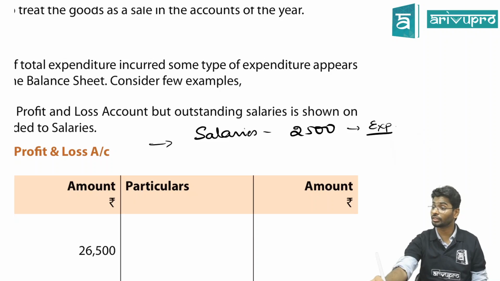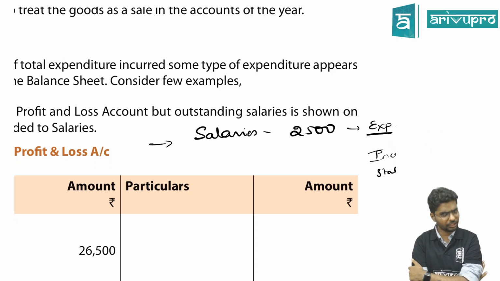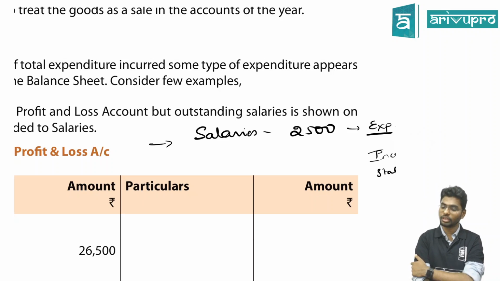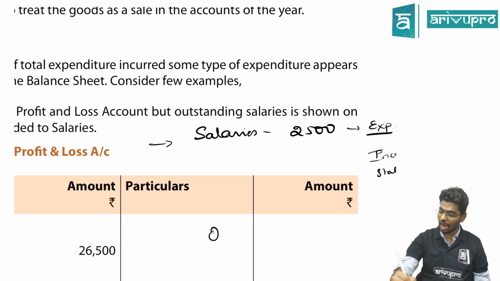In which account? Till here, does anyone have a problem? Can I teach now? Now I am saying there is an outstanding salary of 500 rupees.